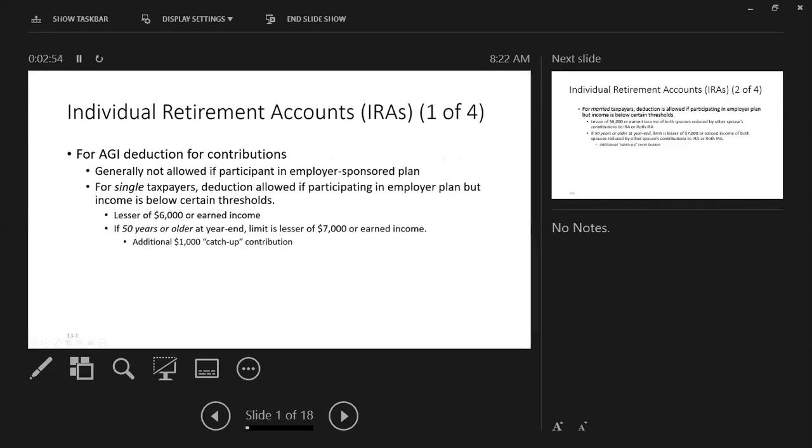If you are unmarried and you participate in an employer-sponsored plan, you can still contribute to a traditional IRA up to $6,000 or earned income, but the deduction may be limited or not allowed at all for that contribution. The three bullet points there discuss when you can take a deduction, when it may phase out, or may not be allowed at all.